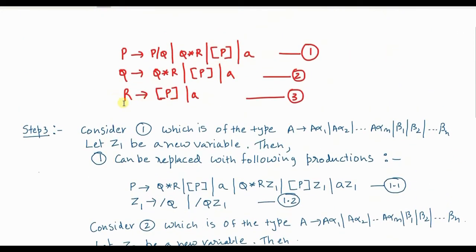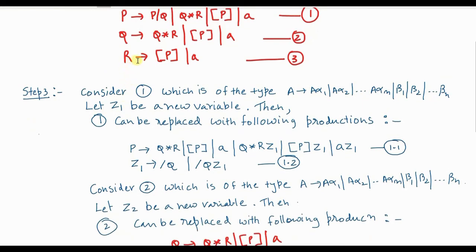And the third production, R gives P or A, is not of the type A gives A alpha or beta.